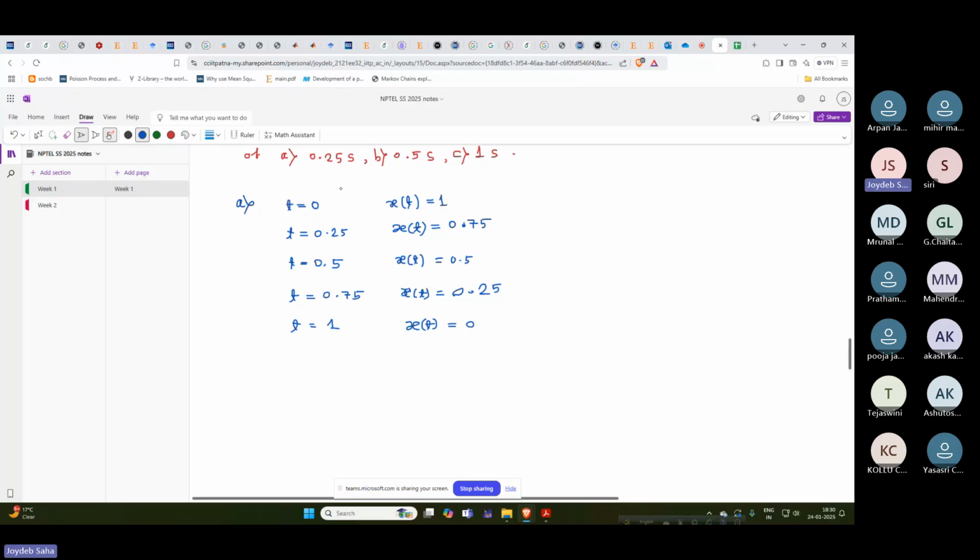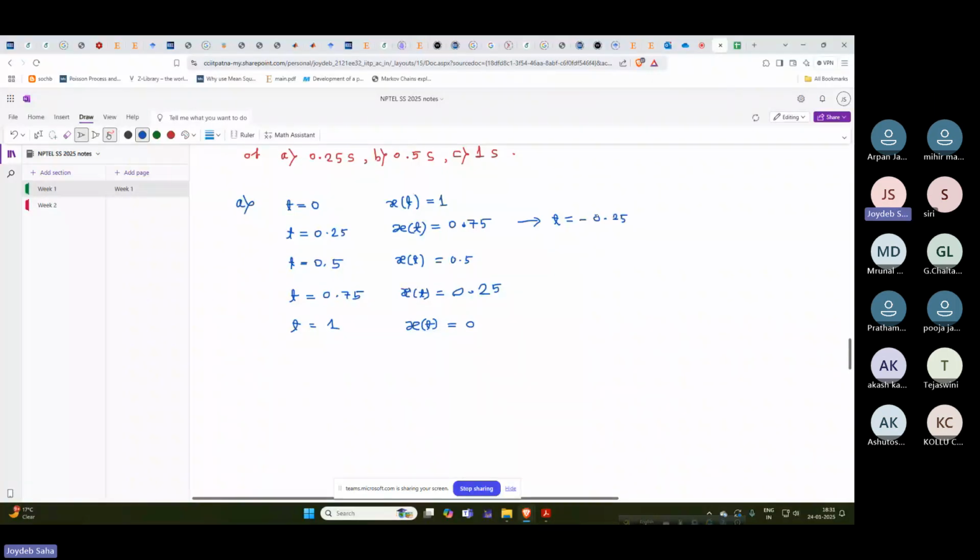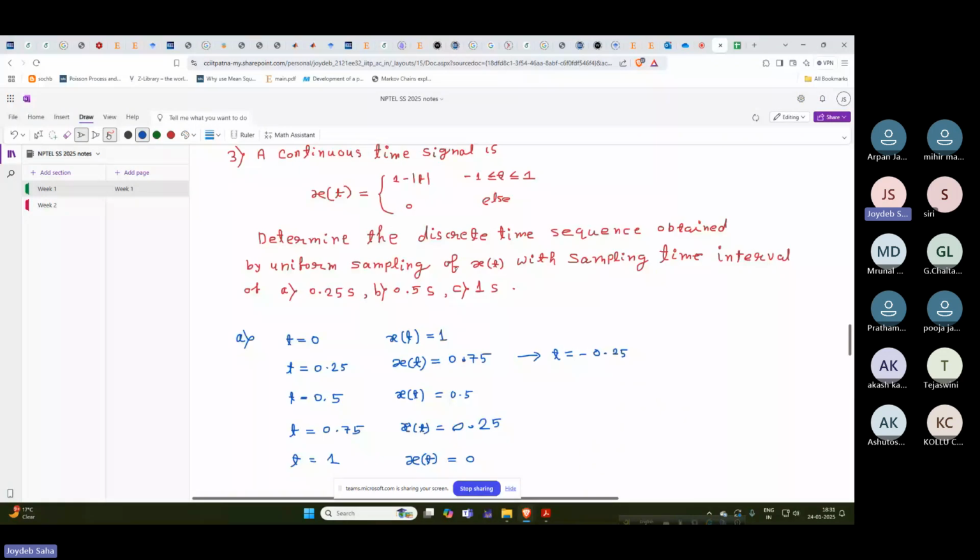This is also valid for t equal to minus 0.25. Why? Because it is mod t, right? 1 minus mod t.